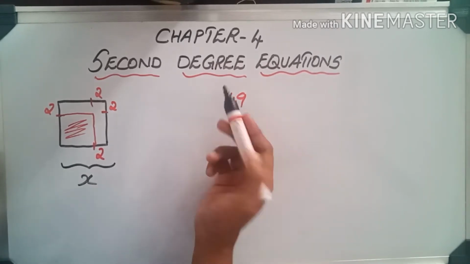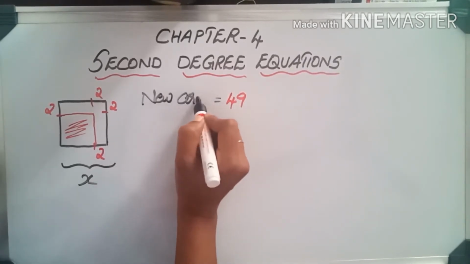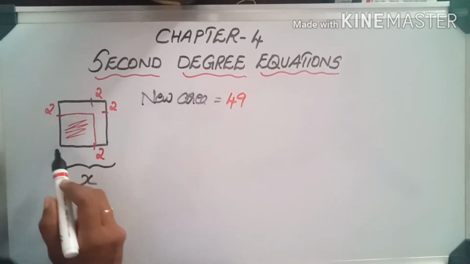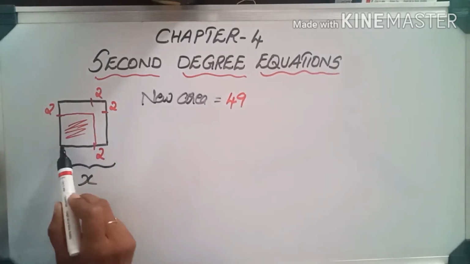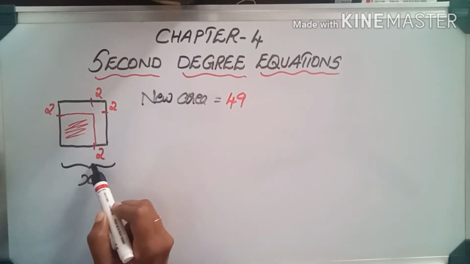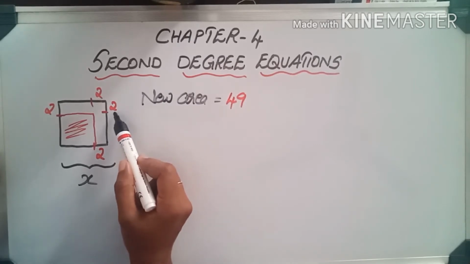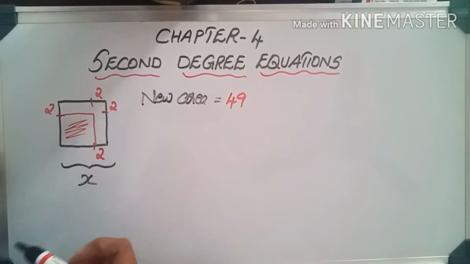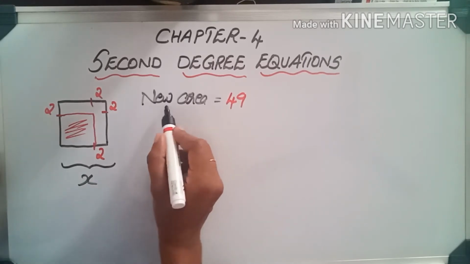That means this is the new square's area. After reducing 2 meters, what will be the side here? Total x, from this 2 is cut, so it will be x minus 2. The new side is x minus 2.